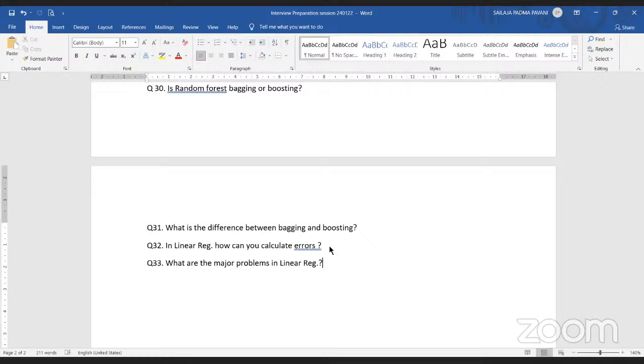No, not in logistic regression, Bhanu Prakash. In linear regression, I am asking what are the major problems you face. For that I am saying non-linearity, correlation of error terms, and also non-constant variance of the error term. You may add more.